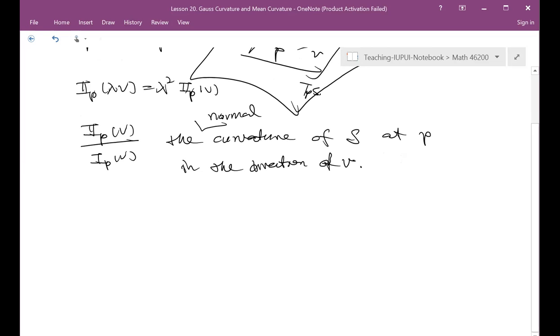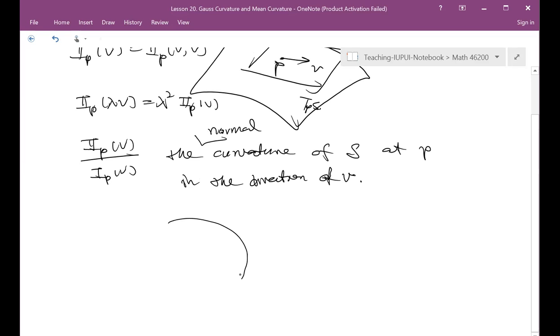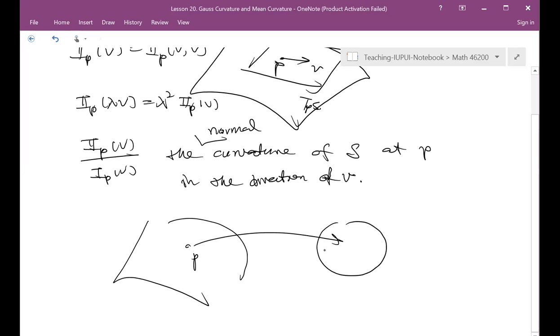Now, the second fundamental form can be described in a different way. For a surface, you have the so-called Gauss map.